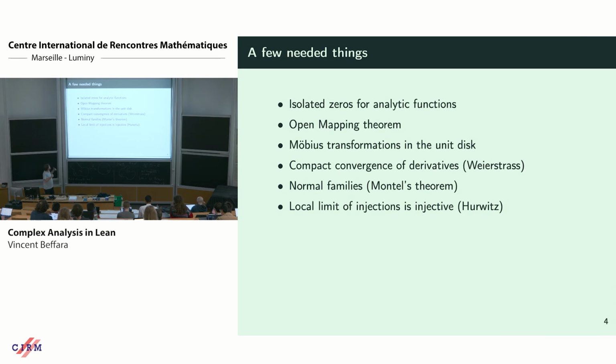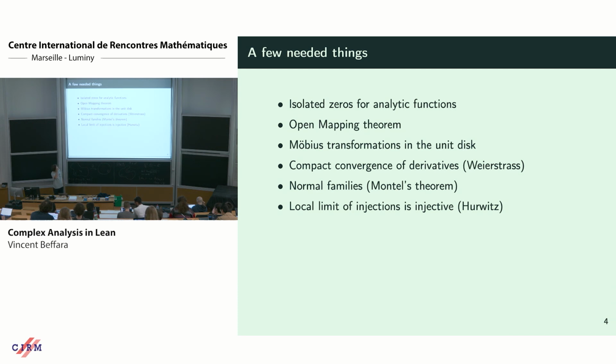You need something about uniform convergence of functions on compacts and the fact that the derivative converges. You need something about normal families and uniformly bounded collections of holomorphic functions and the fact that they are equicontinuous and relatively compact. And you need something about the injectivity of the limit.